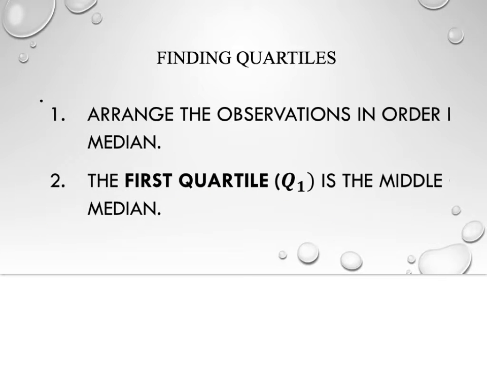So finding quartiles is similar to finding our median. We arrange our observations in order. So we find the median first, and then we look at everything below the median, and from there, we can look at the middle, or the median, of that bottom half of the data, and that finds our quartile 1.